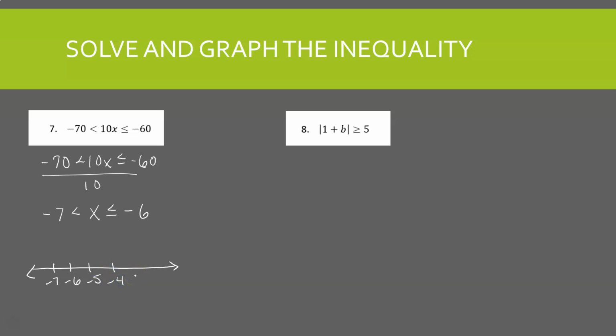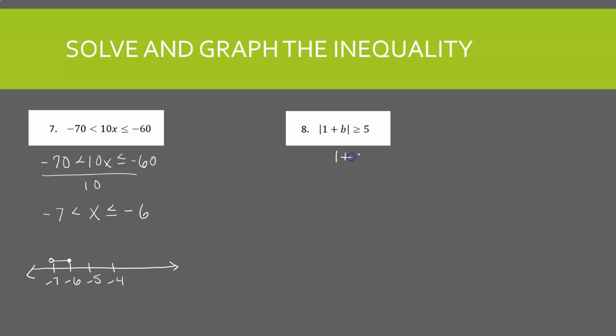Okay, so I have negative 7 here, and then I have negative 6, which is solid, and it's an and, so it looks like that.